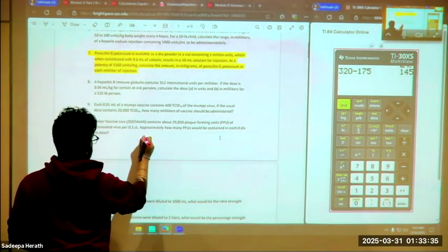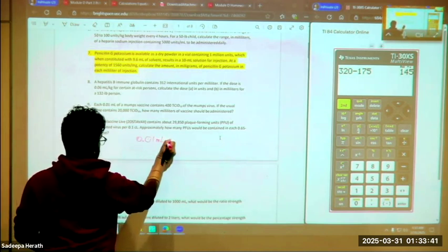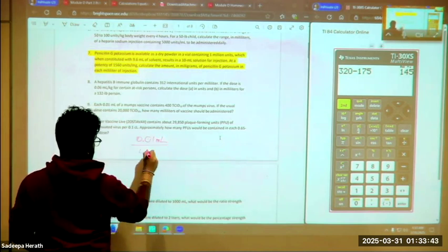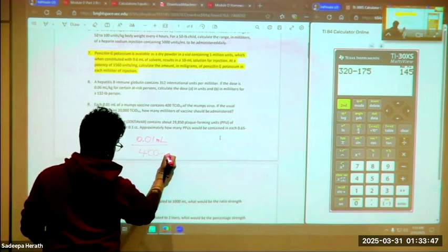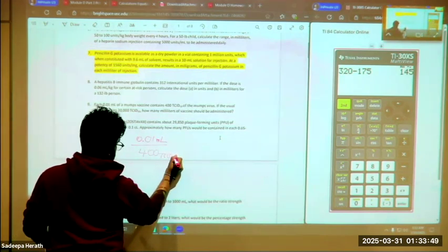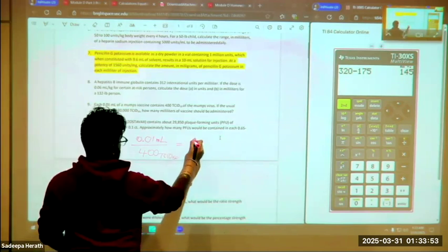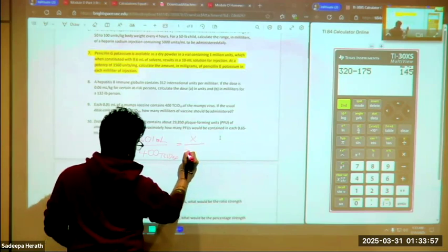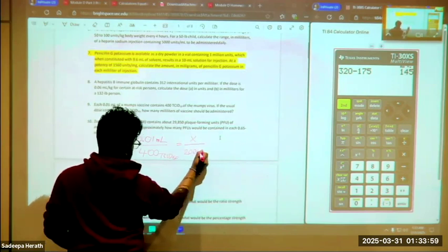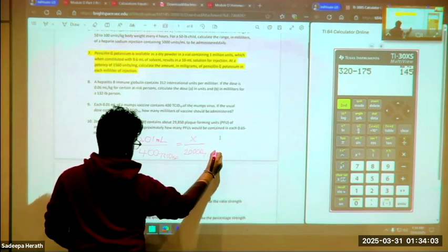0.01 ml per 400 TCID equals X, what we're trying to find, per 20,000 TCID 50.